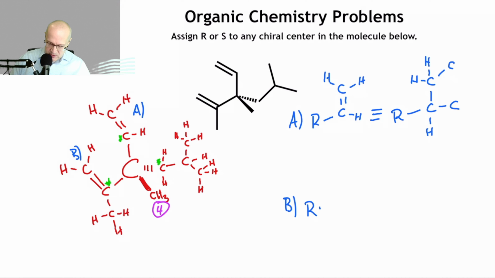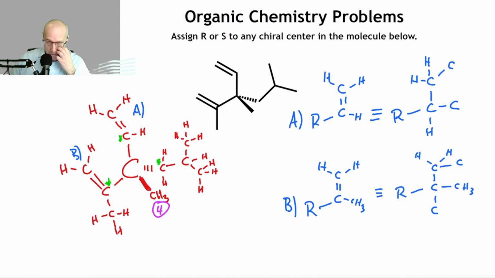Okay, so R is this, carbon, double bond to carbon, hydrogen, hydrogen, CH3, and that's going to be this. Okay, now, we've already determined this is 4, so we're going to ignore it. So now we have to figure out, between these three groups, which one is 1.